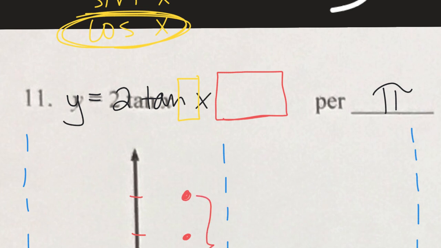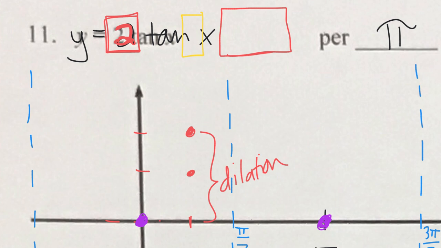So this is how we show your dilation in tan and cotan, by how high your 45 degree point is above your x-axis. So this one has a dilation factor of 2. There's a 2 in front of the tan. So our 45 degree point is 2 units above the midline, in this case the x-axis.